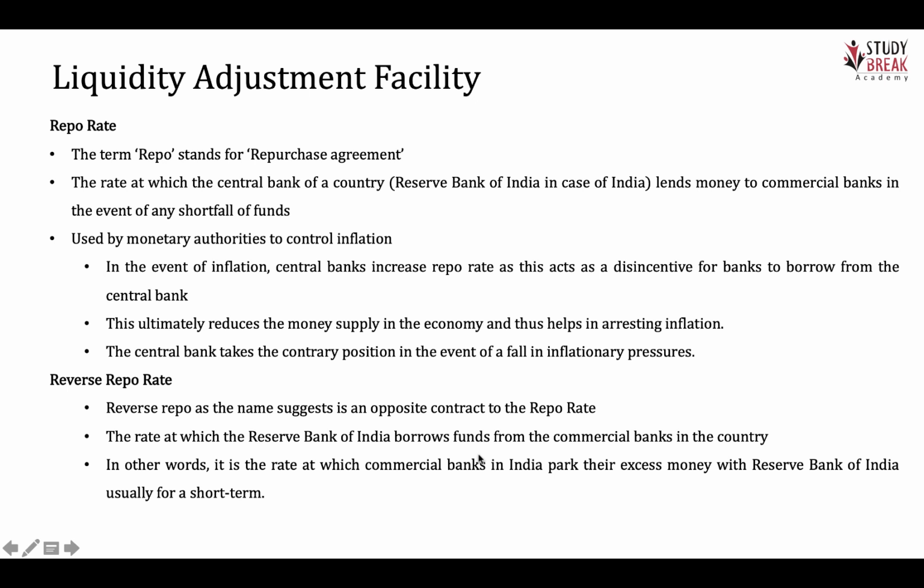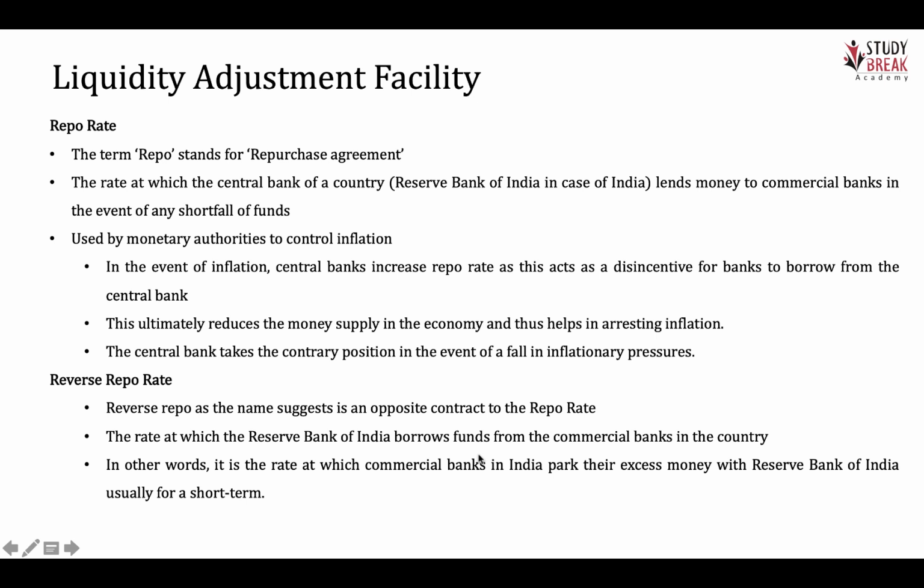Now, in case the economy is not going very well, something that happened during the COVID-19 pandemic, what will the RBI do? The Monetary Policy Committee meets 6 times every year, so every 2 months. So every time they'll reduce the repo rate. What happens?